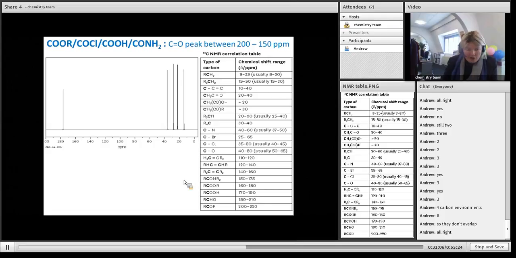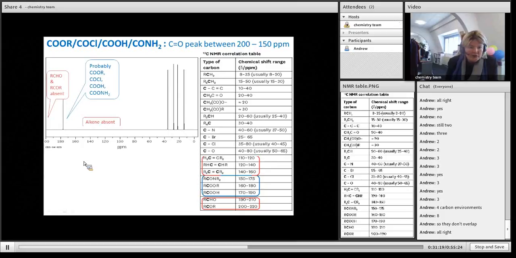Okay, I'm going to go a little bit faster now because I just see the time is going. What we've got here is, again, look in the aldehyde area, there's nothing there. Look between 200 and 150, there is something there. No alkenes between 150 and 100. There's nothing in the alcohol range.